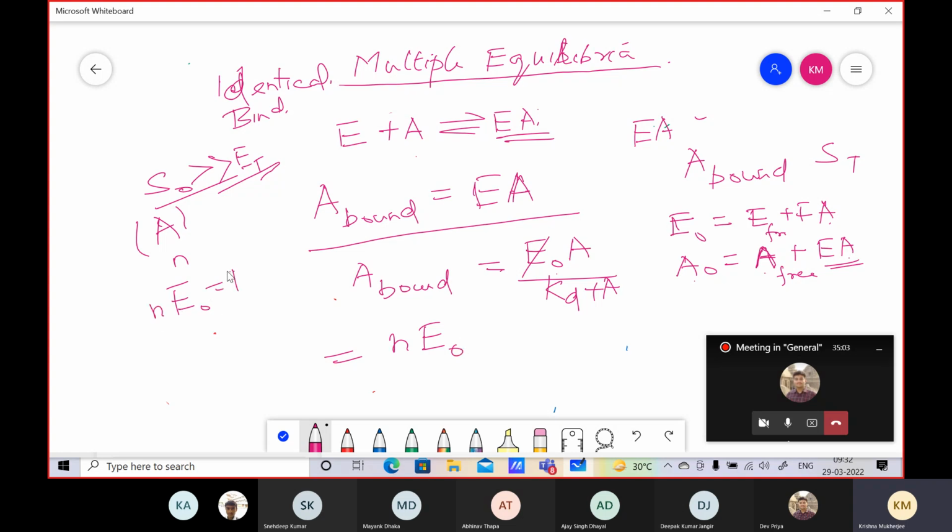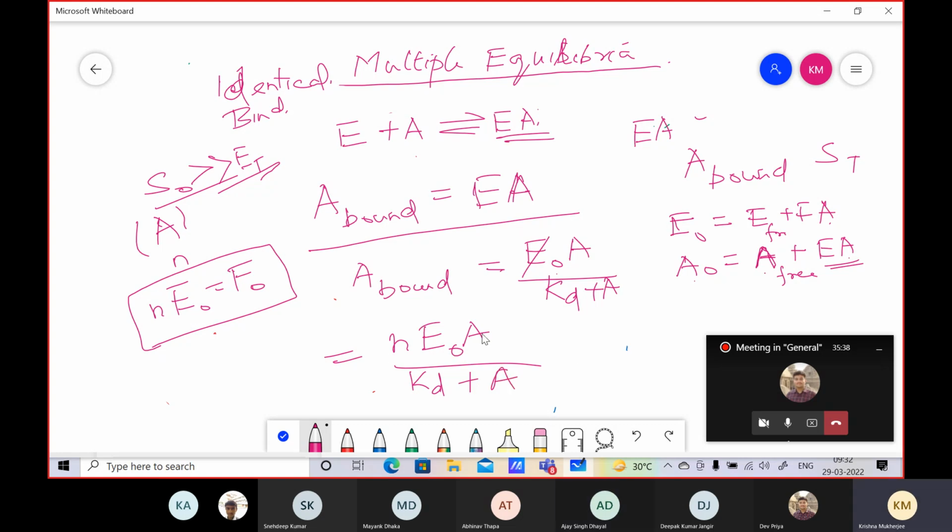I should have written F naught, so that F naught represents not the number of enzymes but the number of enzyme sites, because one enzyme can have more than one site. If there is 0.1 millimolar enzyme, obviously there will not be 0.1 millimolar equivalent sites, but it will be multiplied by n. So actually this is wrong. Instead of E naught it will be n E naught times A upon Kd plus A, right?